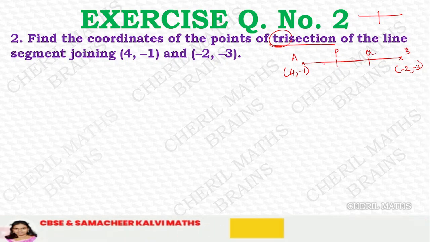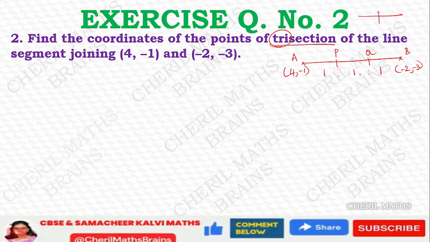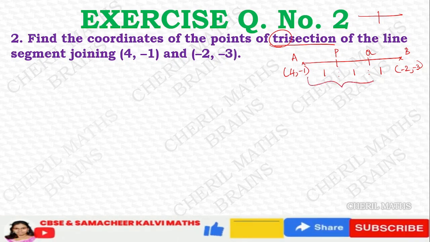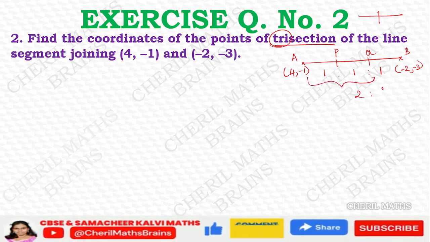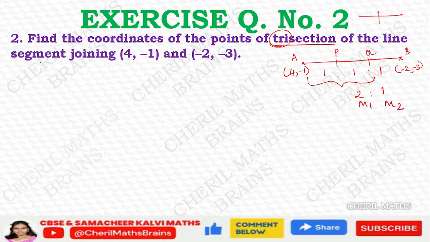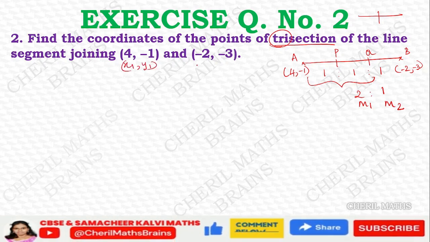You can see that trisecting will divide in the ratio 1 is to 1 is to 1. So first we will combine this and write it as 2 is to 1 and then do it. In that case, this will be your m1 and this will be your m2, and this will be x1, y1 and x2, y2.